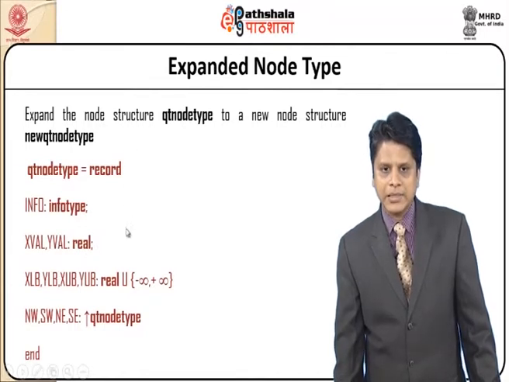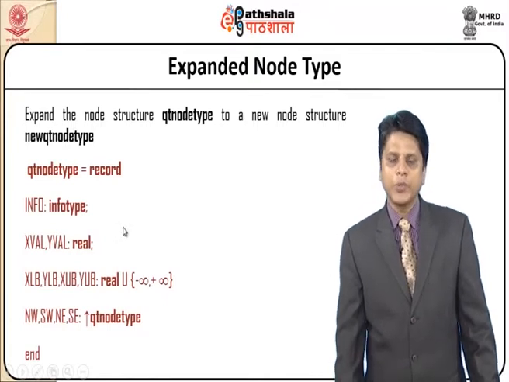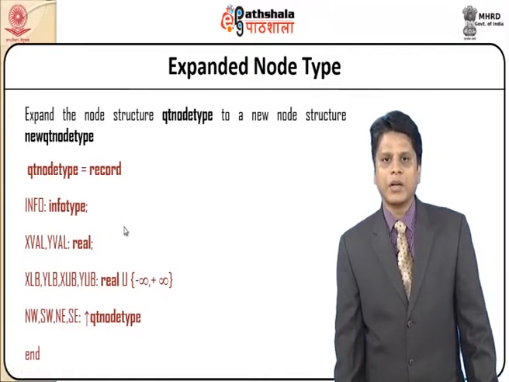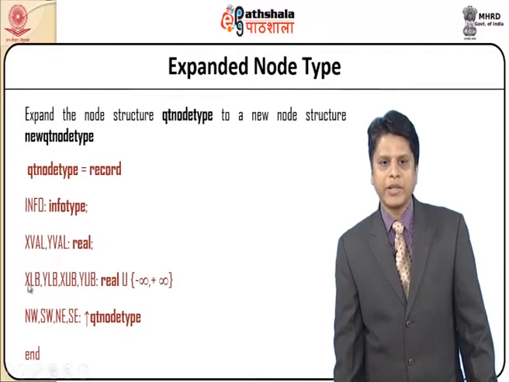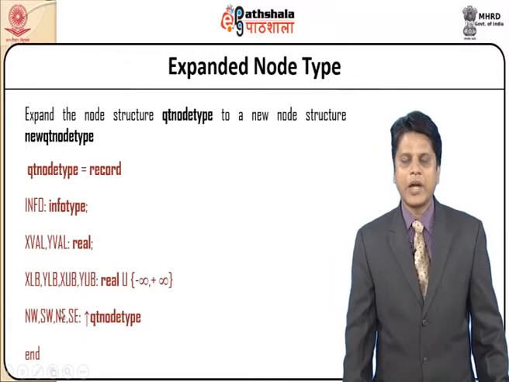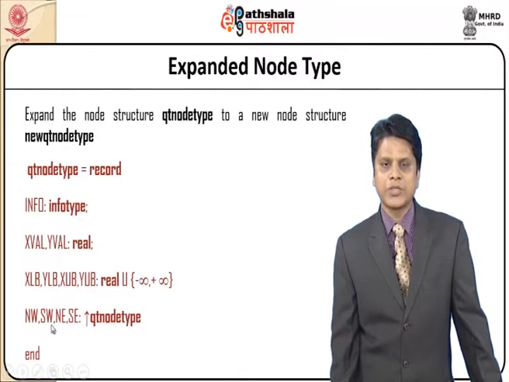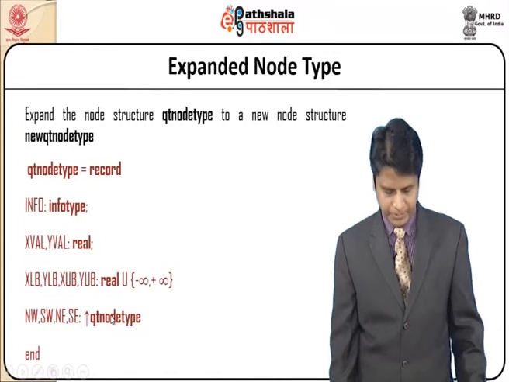Until this point the procedure is very common with point quad trees, but to be very specific to MX quad trees, it will have the X lower bound, Y lower bound, X upper bound and Y upper bound, which are real, from minus infinity to plus infinity. And as we say it is a quad tree, we have the same directions, which are northwest, southwest, northeast and southeast, defined by pointers to the quad tree node type.